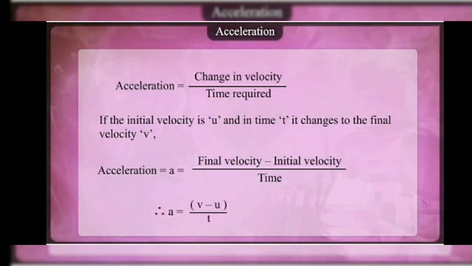Therefore, we will now substitute the variables. So a is equal to v, where v is our final velocity, minus u, where u is our initial velocity, upon time t. So this is the formula for acceleration. Understood, children? Okay.